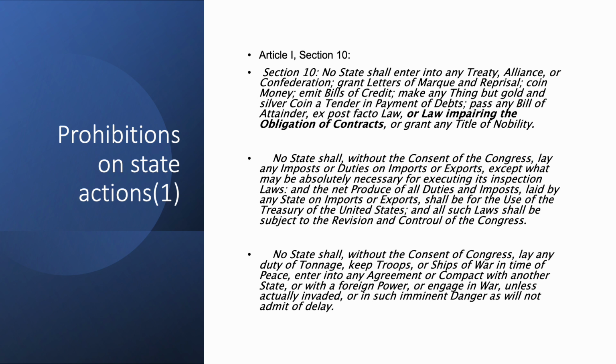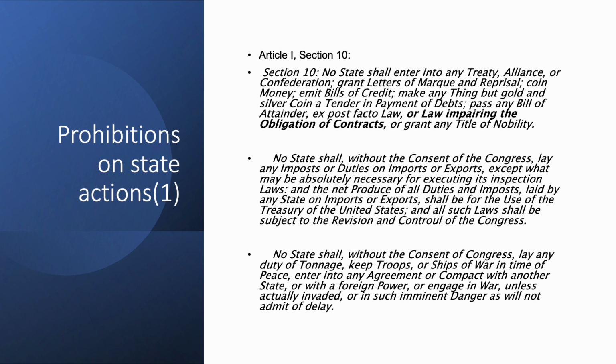Then I mentioned a number of other things, but that we can get to in a minute. But let's jump. Stay with Article 1, Section 10. This is where the states were put out of certain types of governing business that they were doing. No state can enter into any treaty or confederation.